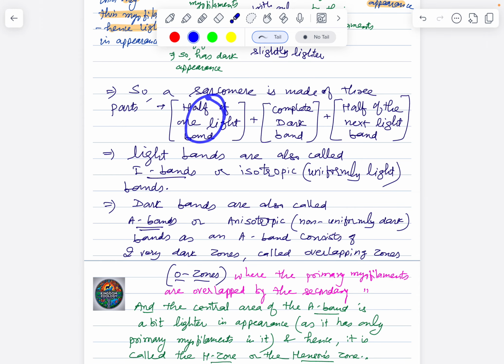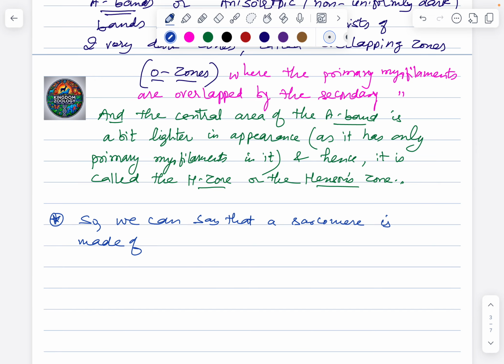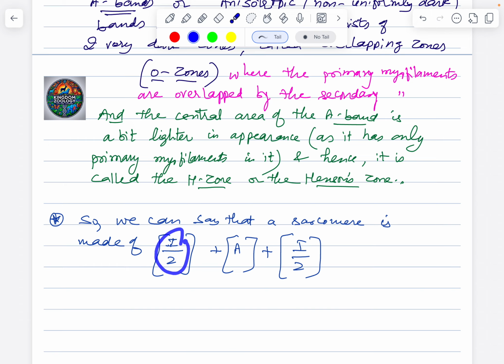Half of one light band, a complete dark band, half of the next light band. The light band is also called the I band, so I by 2. The dark band is called the A band. So a sarcomere is made up of half I band, one full A band, and half I band.